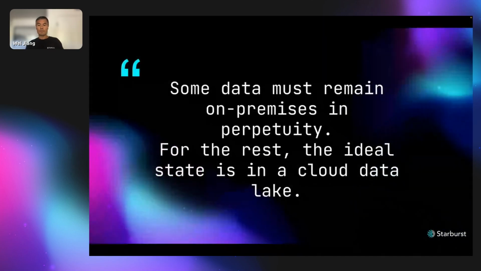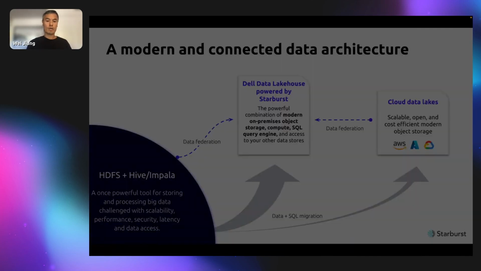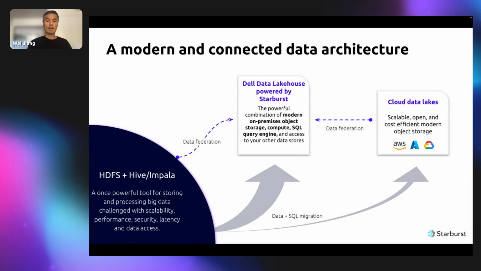So if your data needs to stay on-prem, I want to go into a solution that we have partnered with Dell on. We work very closely on this turnkey solution. If you want to modernize your data environment on premises, there is a turnkey solution.